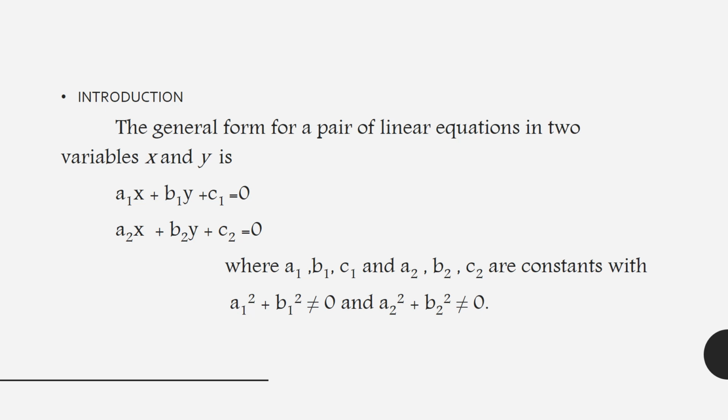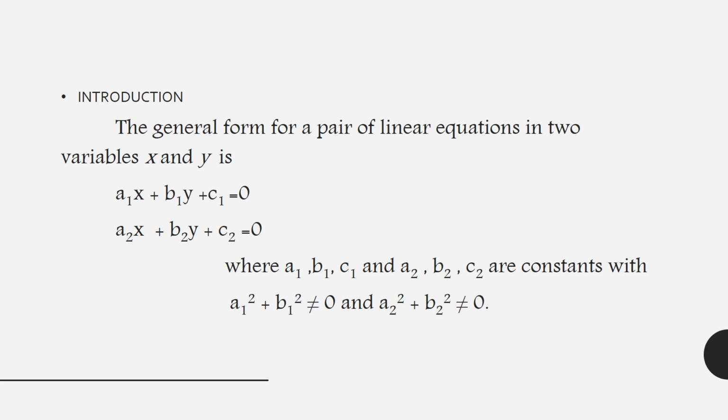While we study linear equations in two variables, let us consider two linear equations. These we have already discussed, linear equations in two variables, each of the form ax plus by plus c equal to 0.